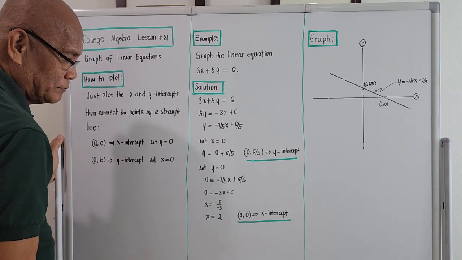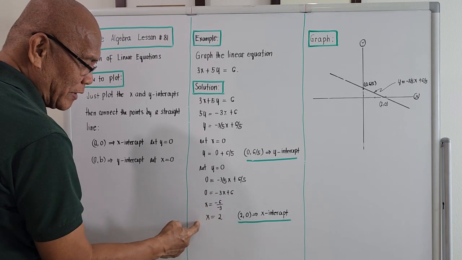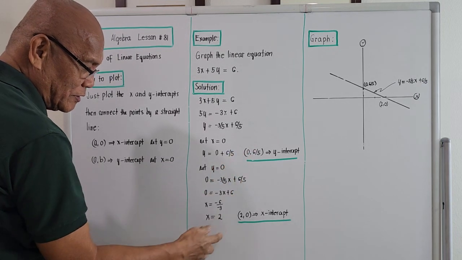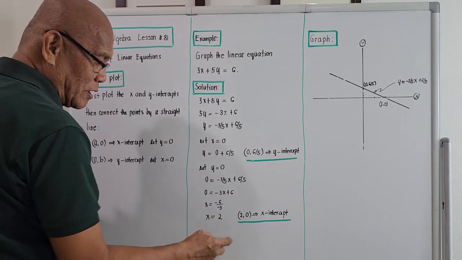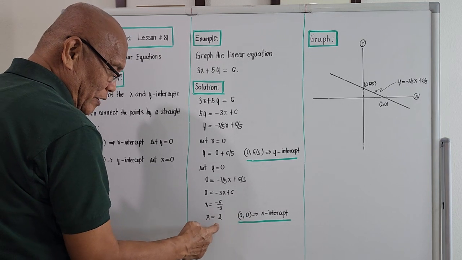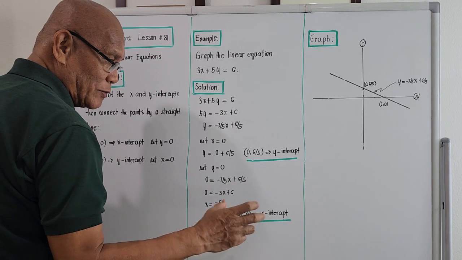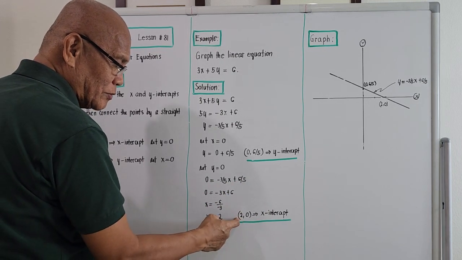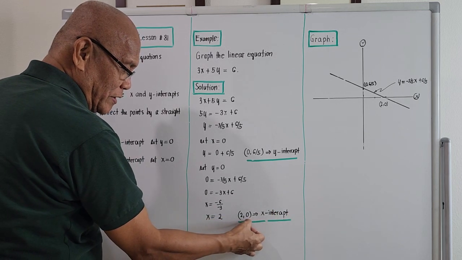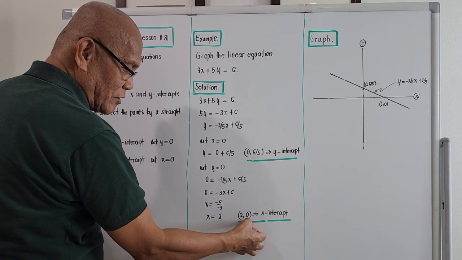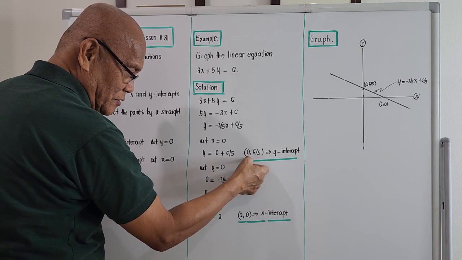Solving for x, x now will be negative 6 over negative 3, or, negative over negative is a plus, 2. So the value of x when y is 0 is 2. So the coordinate of the x-intercept will be at 2 and 0. X-intercept. The ordinate at the x-intercept is 0, and for the y-intercept, the abscissa is 0.